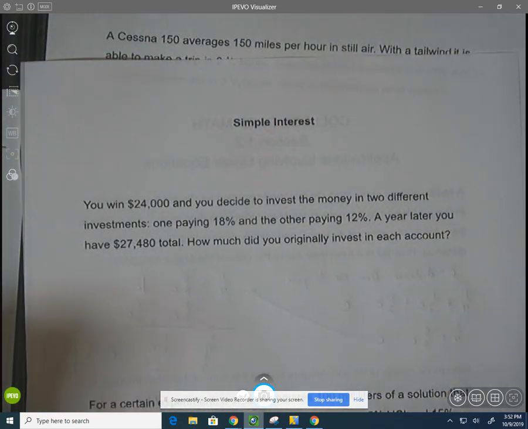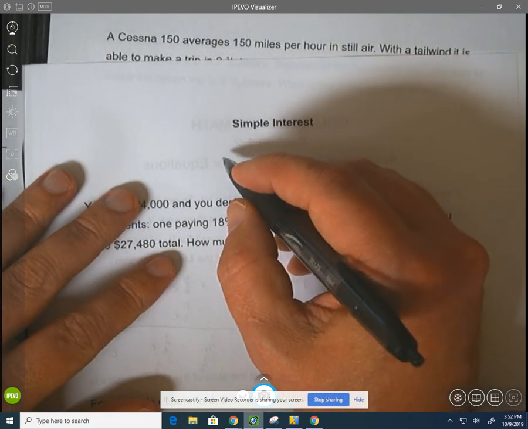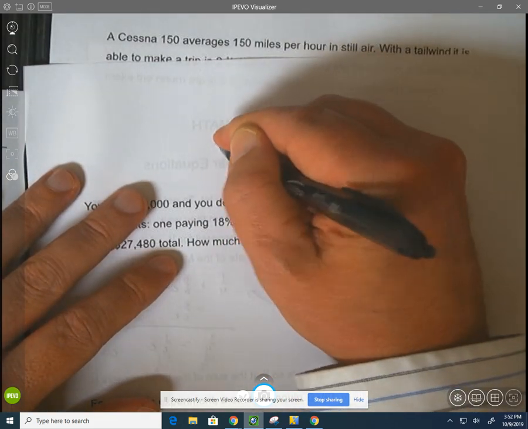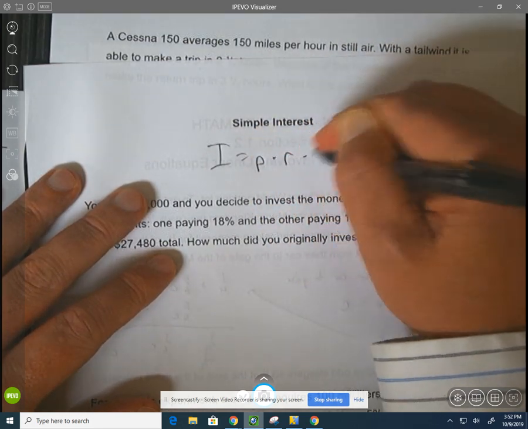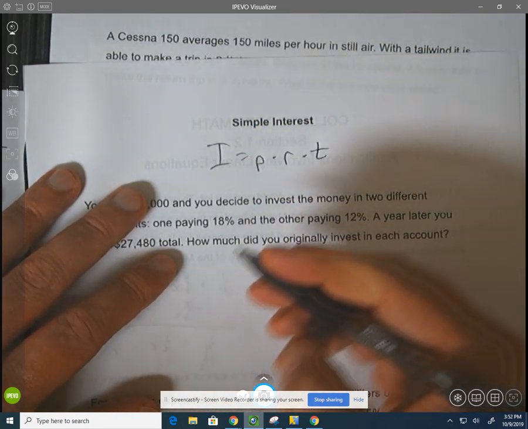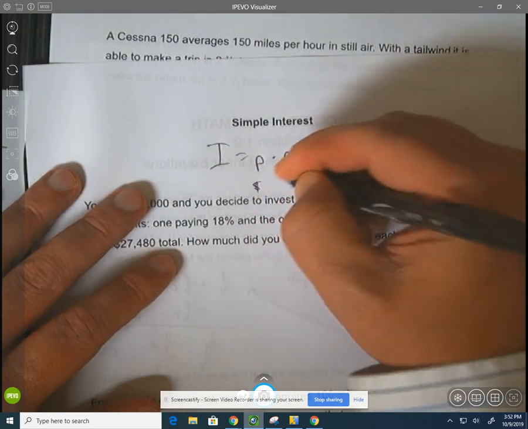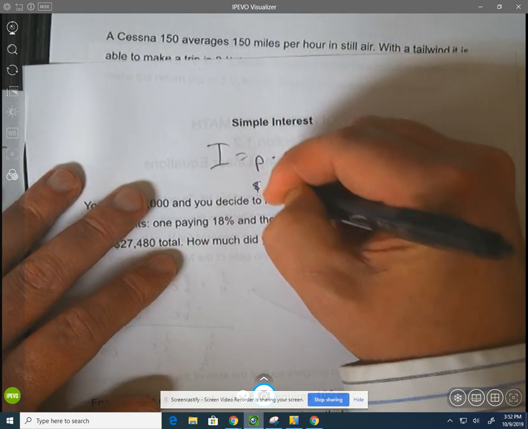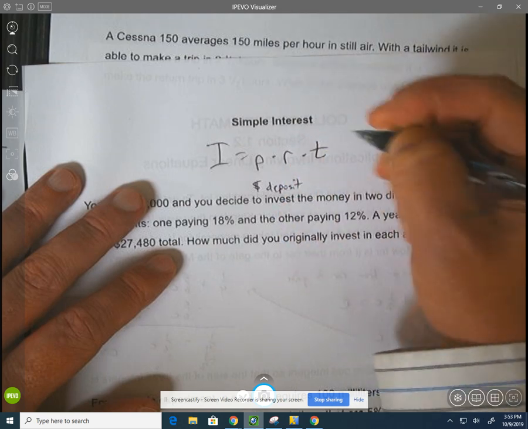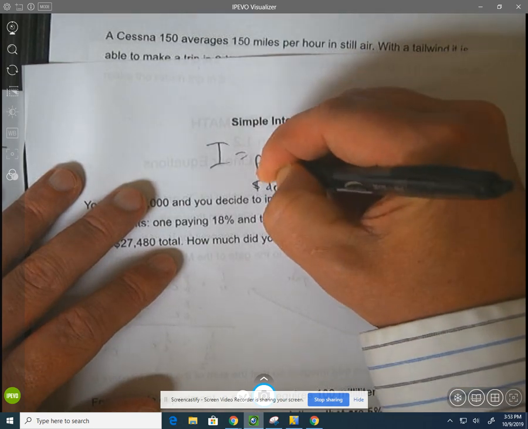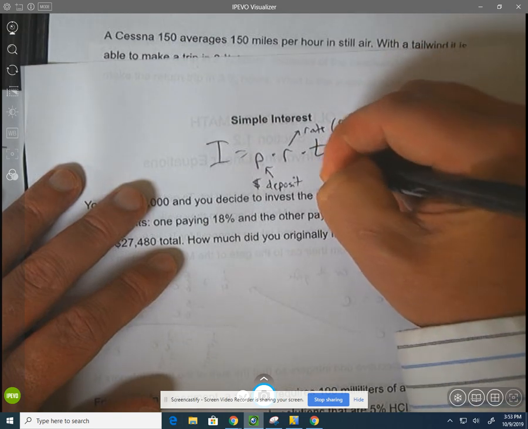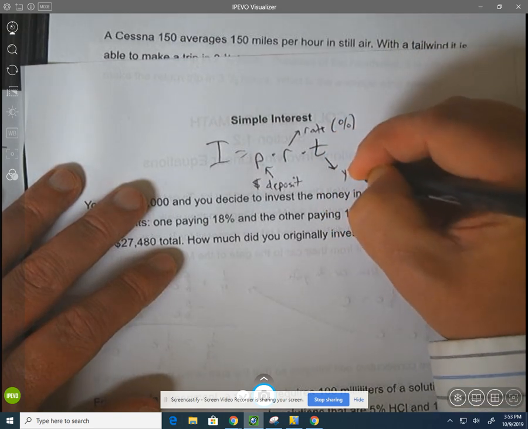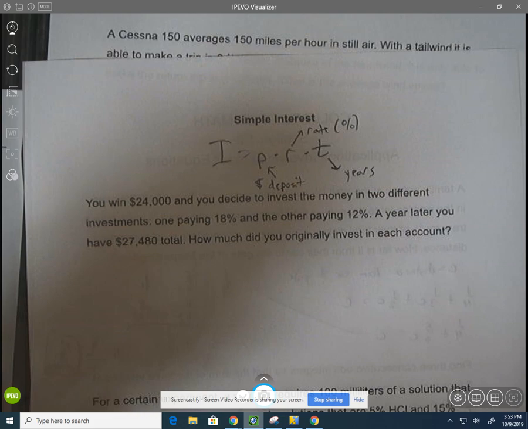This next one talks about simple interest, just real quickly. The simple interest formula is interest equals principal times rate times time. Principal is the amount of money that you deposit. R is a rate, usually written as a percent, and T is time, and that's given in years.